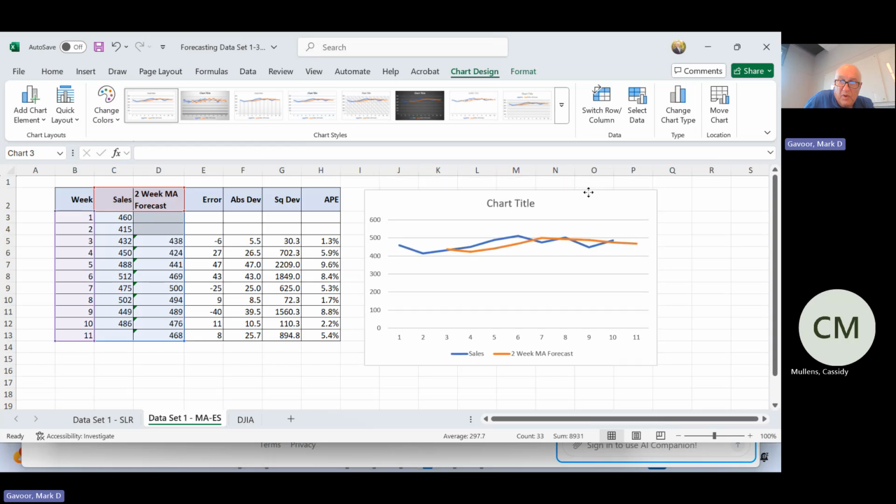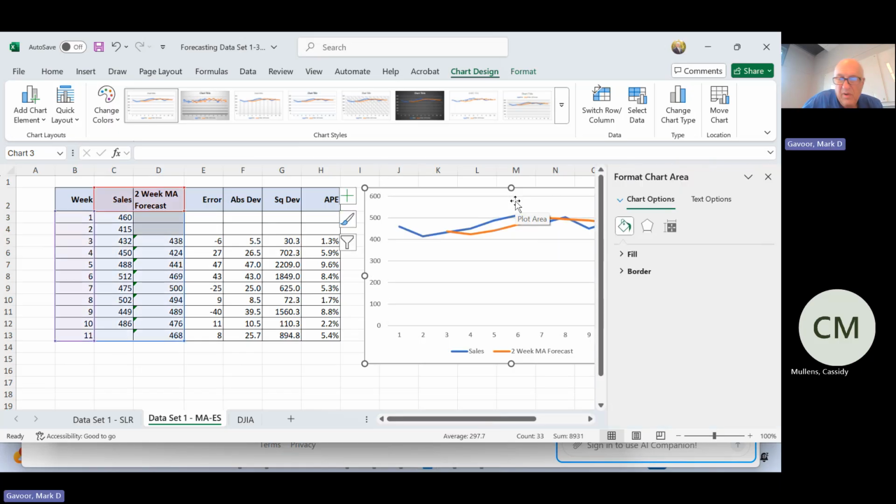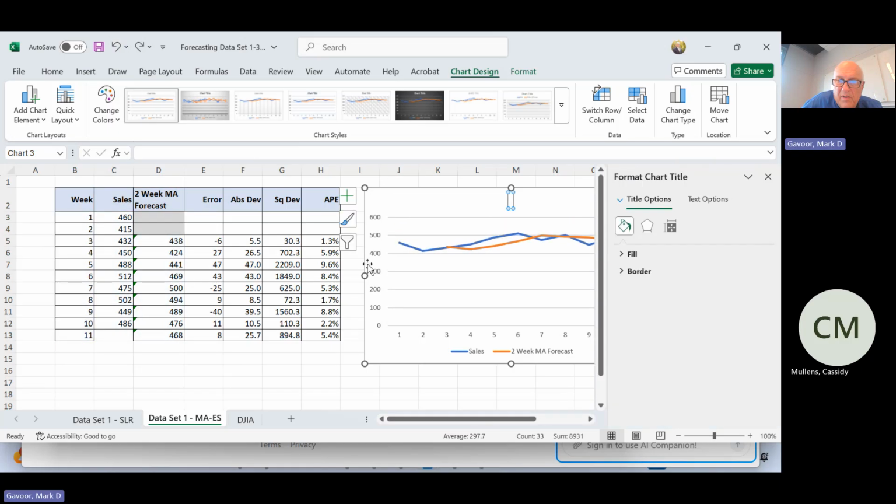So let me label this 2-week moving average. Sometimes I hate computers.